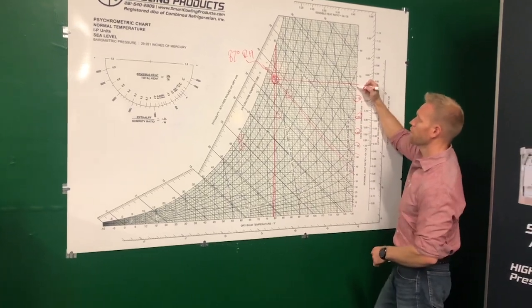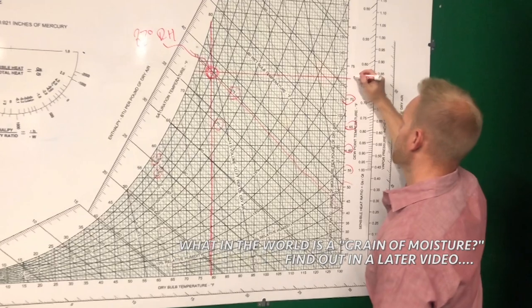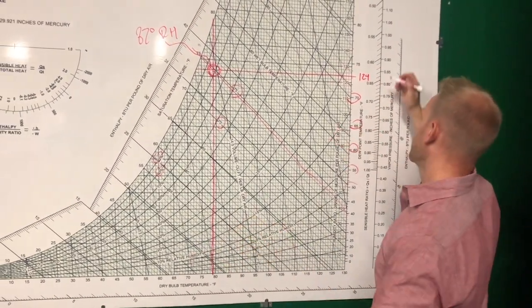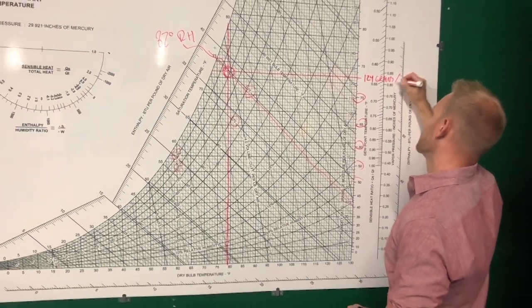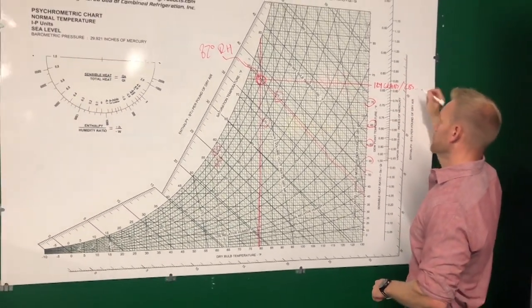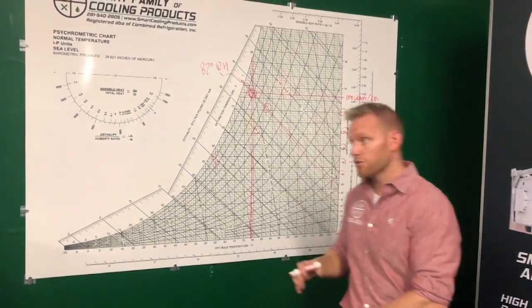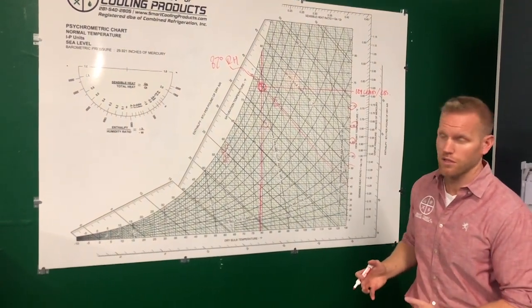This is actually the moisture in grains of moisture per pound. And our particular point, I would say it's right around 124 grains of moisture per pound. When we go through more in-depth videos, we'll talk about what that really means and how does that equate to calculating dehumidification capacity.